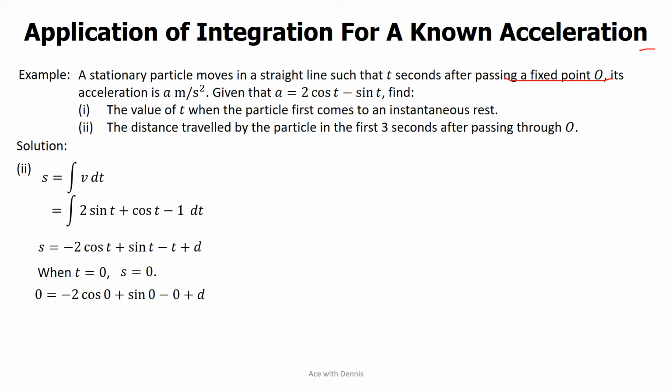So we get 0 equals negative 2 cosine 0 plus sine 0 minus 0 plus d. Remember, cosine 0 is 1. The rest is 0. Hence, d equals 2. Therefore, s is negative 2 cosine t plus sine t minus t plus 2.